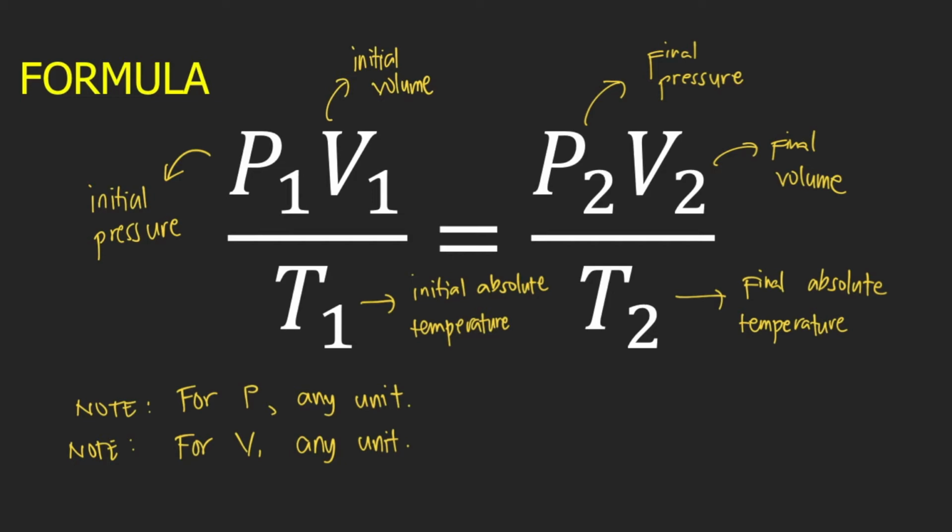So again, what do we mean by absolute temperature? It's temperature in the Kelvin scale. So for our third note, for temperature, you cannot use any unit because the formula is very specific. It's absolute temperature. So for temperature, use only Kelvin or K.